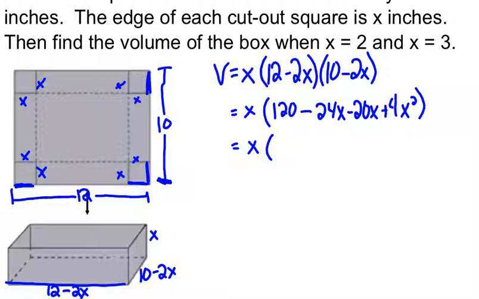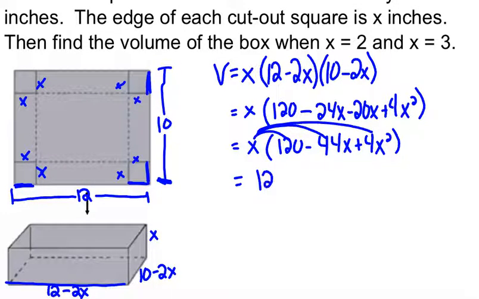Combine our like terms. And then you just need to distribute that x across. So 120x minus 44x squared plus 4x cubed. Okay, so that is another way to express the volume.